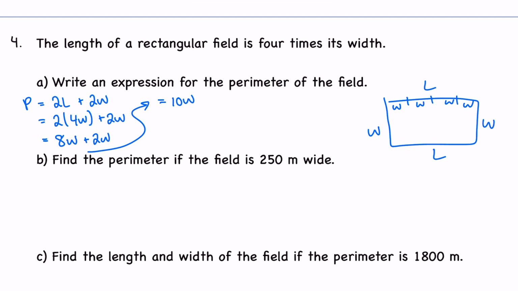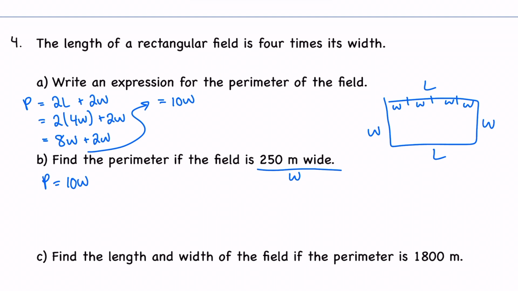So part B tells us to find the perimeter if the field is 250 meters wide. So right now we only know what W is. So we can't use our first equation for perimeter because that requires us to know the length. So we're going to need to use our second equation for the perimeter, which was only in terms of width. So we're going to use the equation P equals 10W.